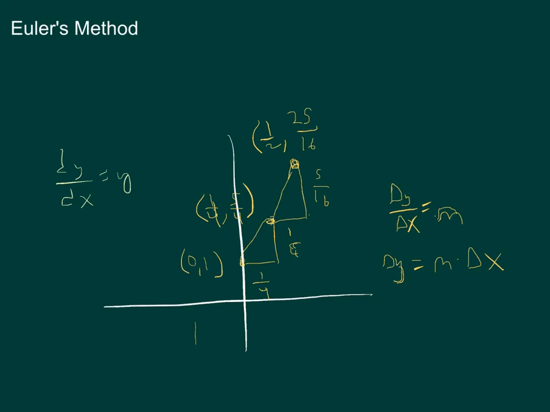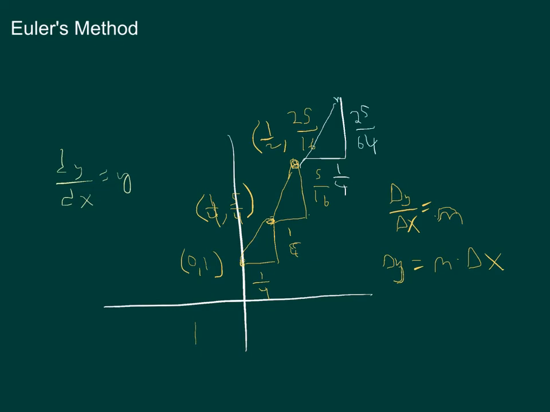And this segment will have a slope of 25/16, which is a little bit steeper, yet again. And so if I go over 1/4, I'm going to go up, let's see, it's going to be 25/64.